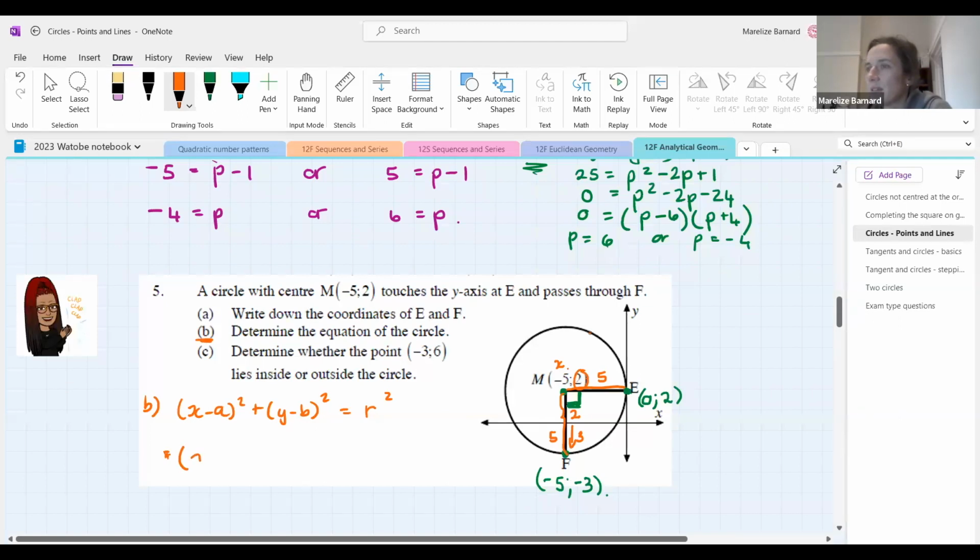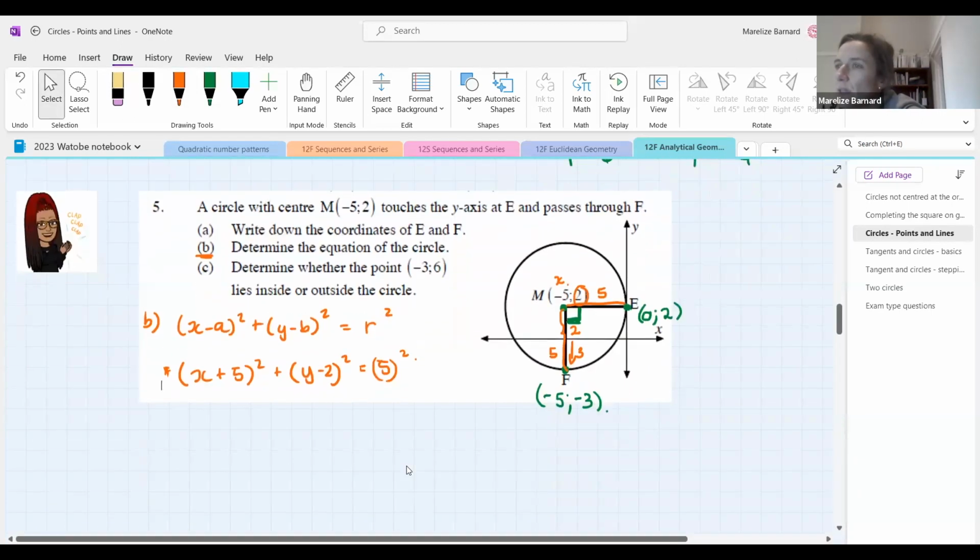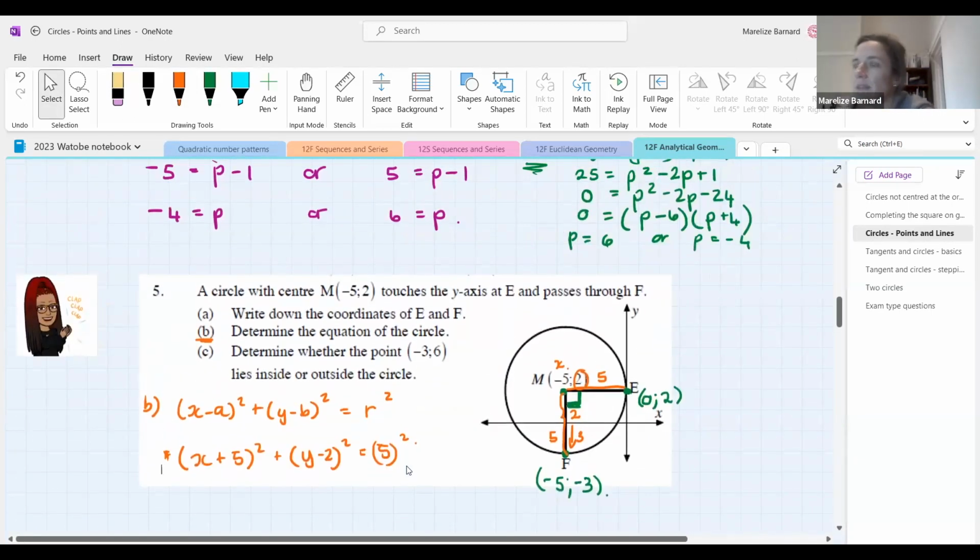So our center gives (x plus 5) squared and (y minus 2) squared, and our radius we can also say is 5 squared. There we go. And then you can square that out, make that 25, and that's your equation.